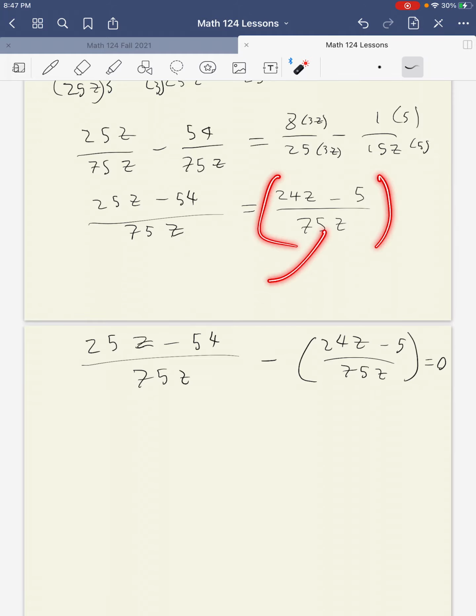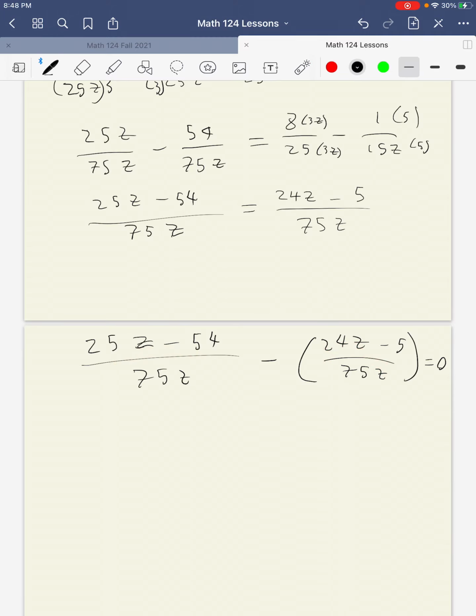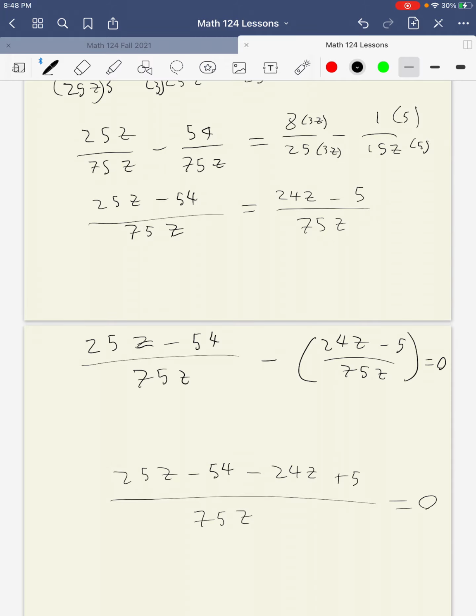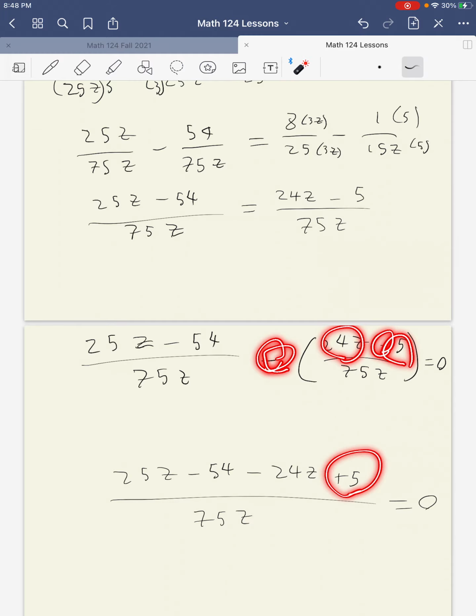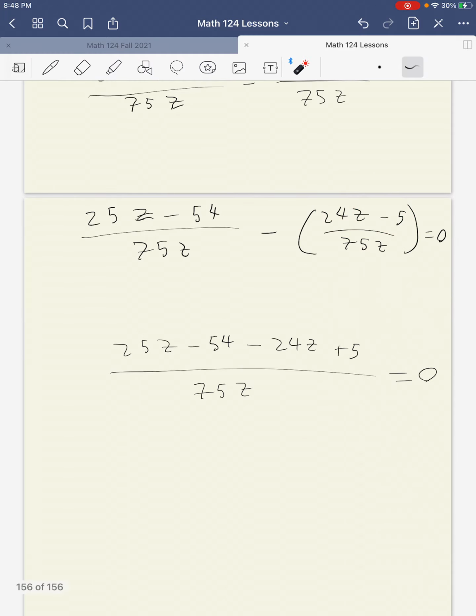I just took this and subtracted it to the other side of the equation. That's all I did in this step. But now, since we have a common denominator, we could just write this as one big fraction. We have the 25z minus 54, and then minus the 24z minus 5. So minus 24z, and then a double negative gives us the plus 5.